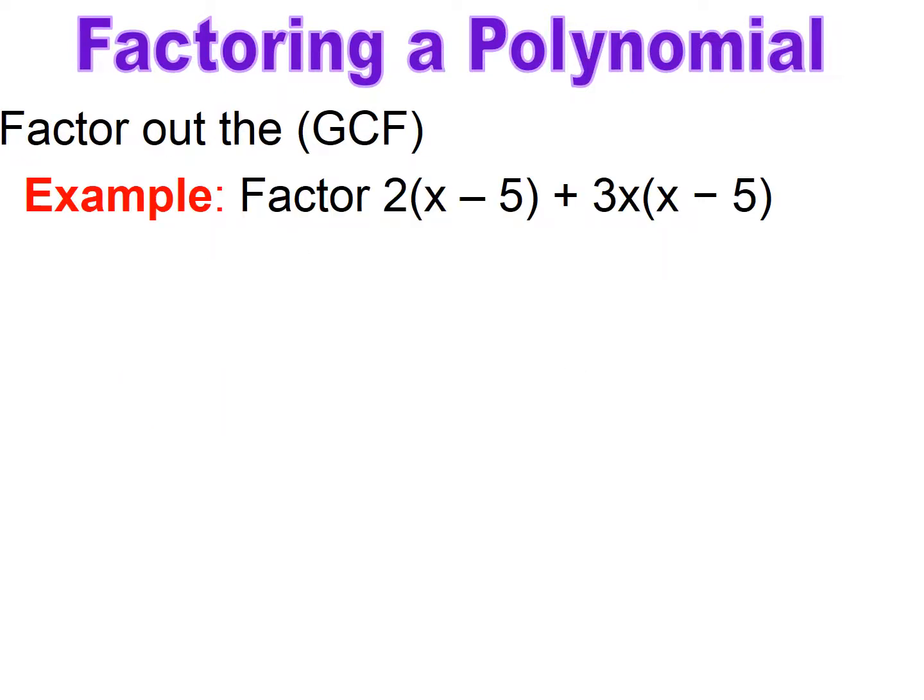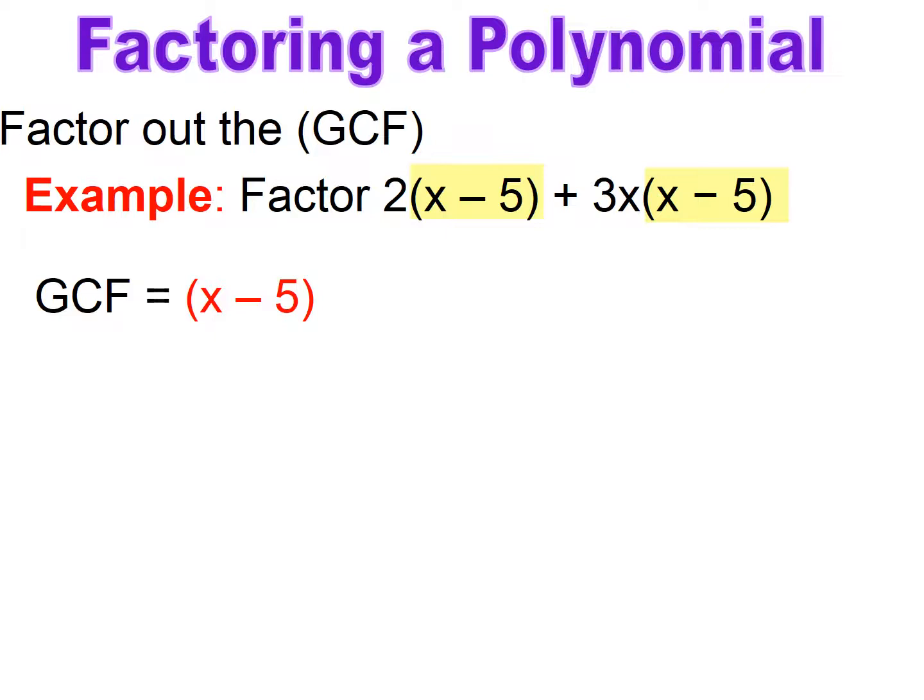Now, when you see something like this, and it's asking us to factor out the greatest common factor, or the GCF, you have to be careful here, because instinctually we want to do the distributive property and combine like terms. But what we really have here is a GCF, and the GCF is that common binomial.